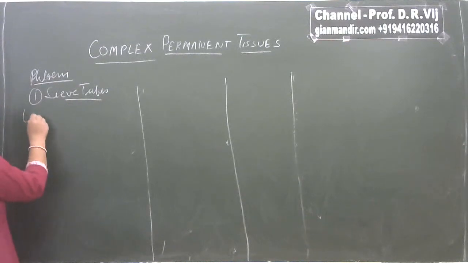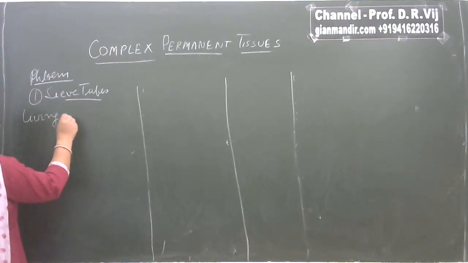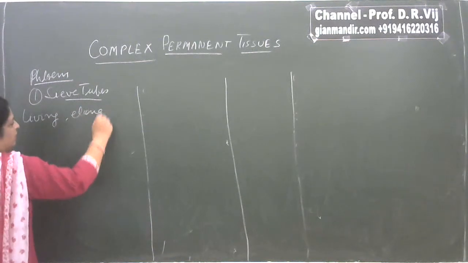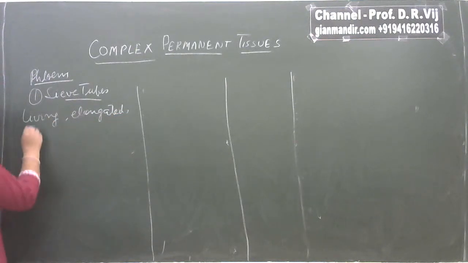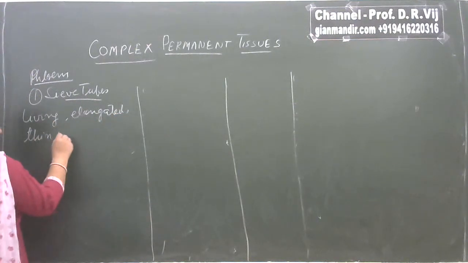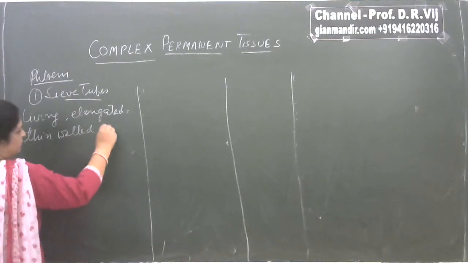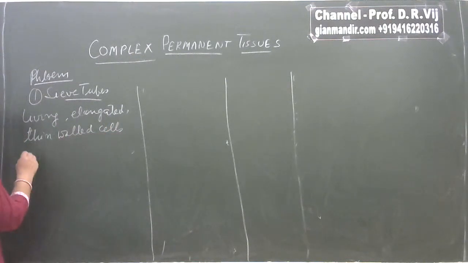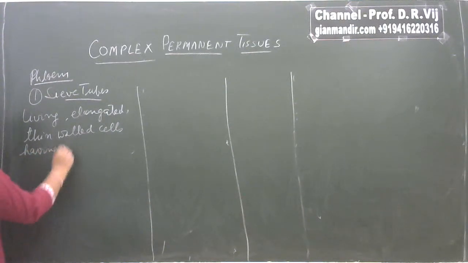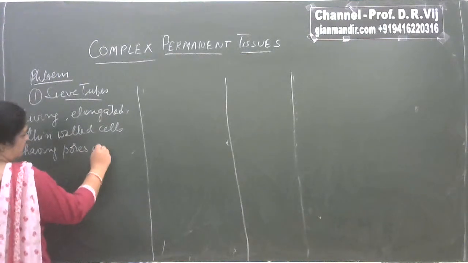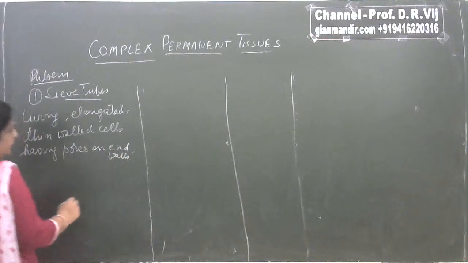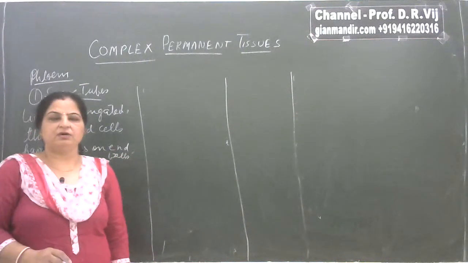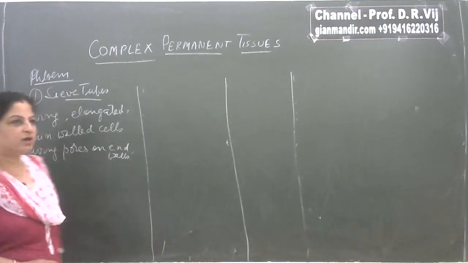So if you look at the sieve tubes, these are living, elongated, thin-walled cells having pores on end walls, and due to presence of pores on their end walls, they are known as sieves or sieve tubes.